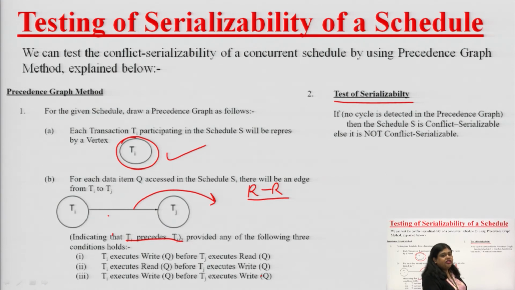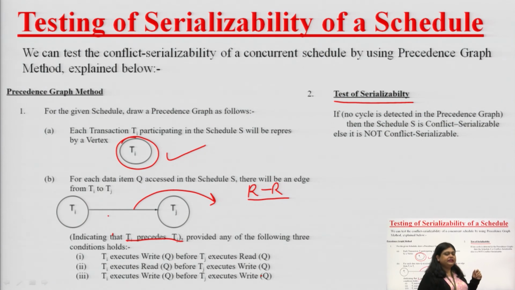Else it is not conflict serializable. If there is a cycle, we cannot have conflict serializability. Only if there is no cycle will we have conflict serializability, right.